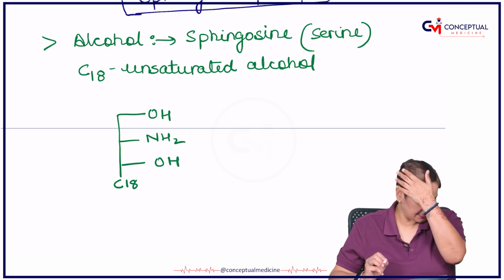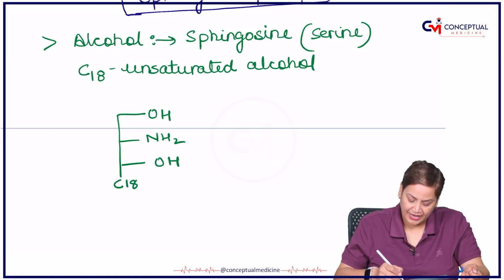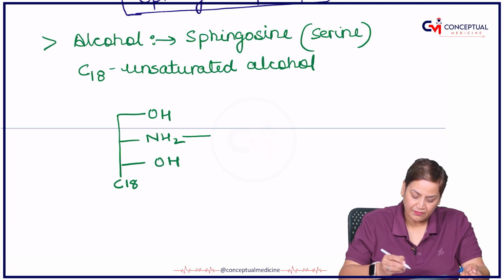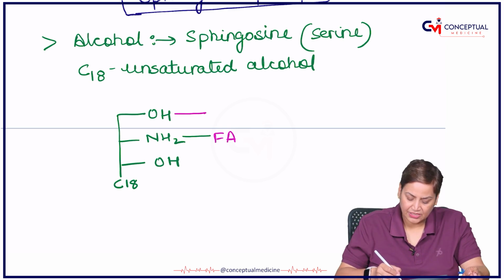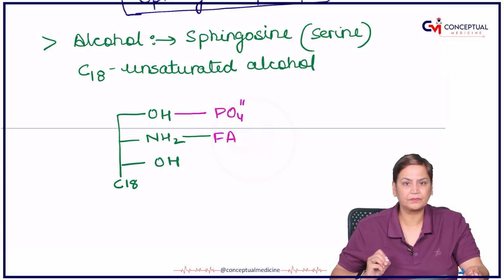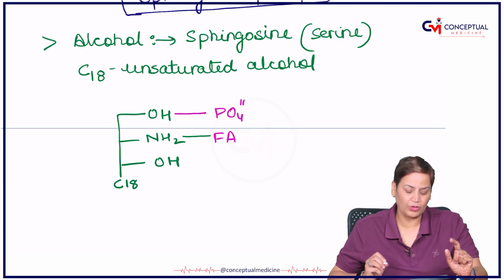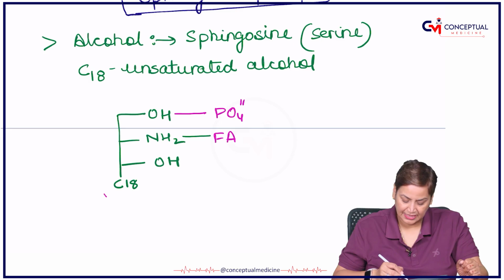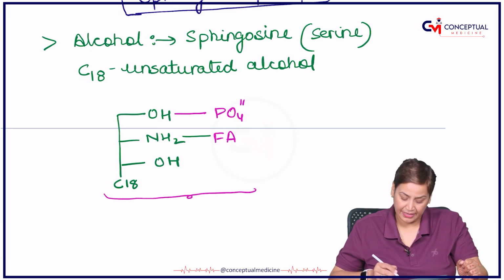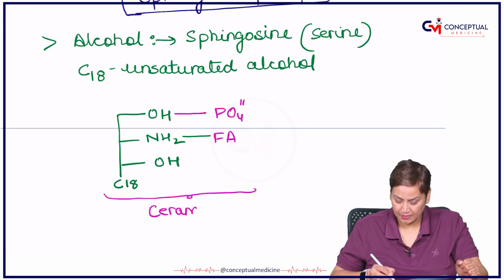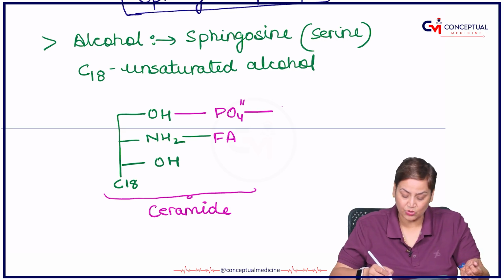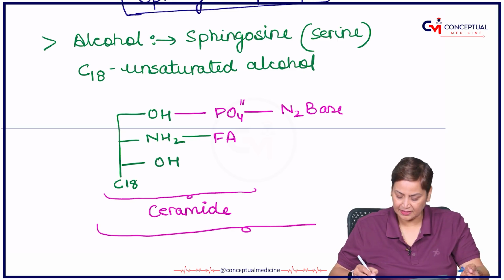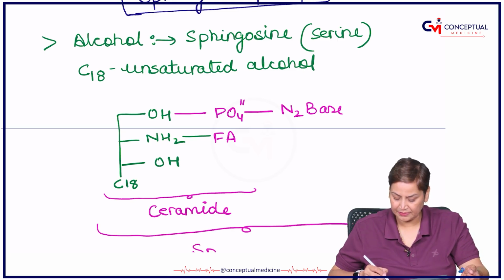What happens here is that when this NH2 is attached to a fatty acid, and this OH is attached to a phosphate, different components are there. When it is attached to a fatty acid, we call it a ceramide. And this phosphate, when again attached to a nitrogenous base, then it is known as a sphingophospholipid.